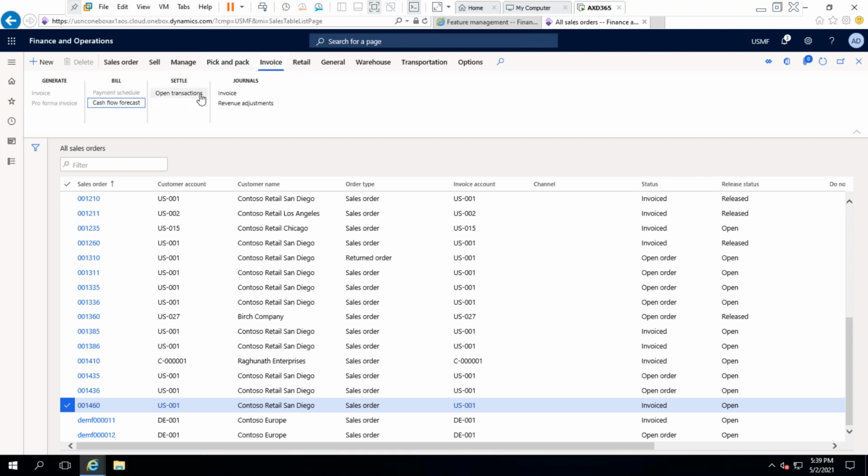There will be a credit limit function in one of the tabs. I think it is in the general tab only.